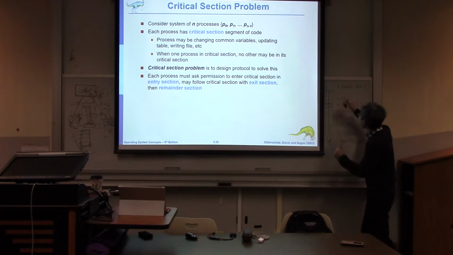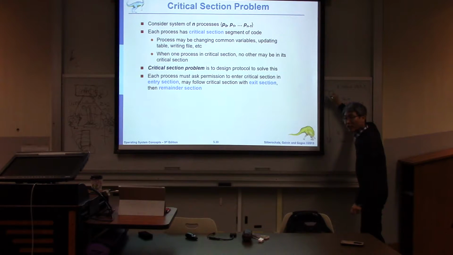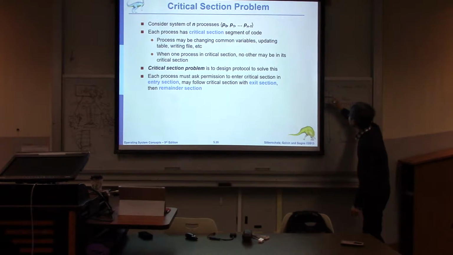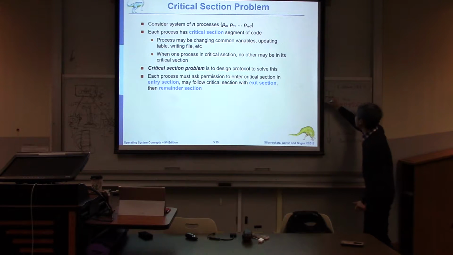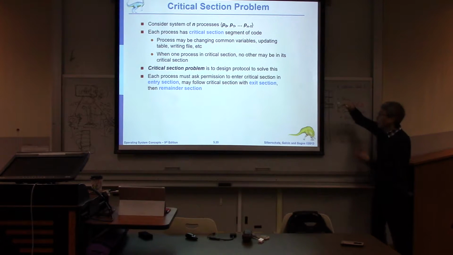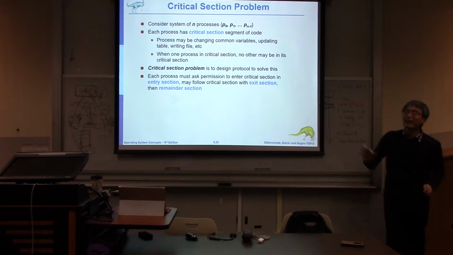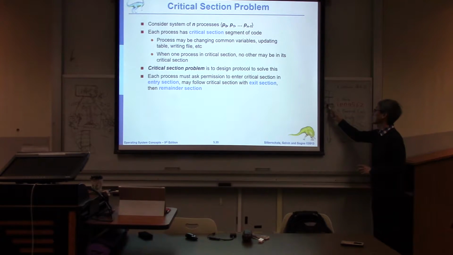If you access only non-shared, process-specific data, it's okay. You can do whatever you want. But at a certain time, the instructions need to access the shared data. This group of code, with a beginning and an end, is called the critical section.